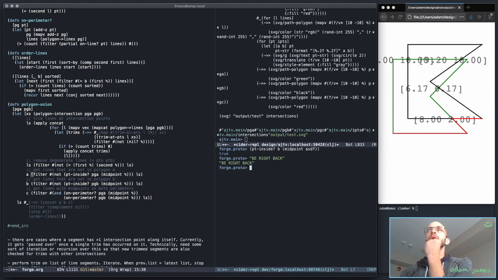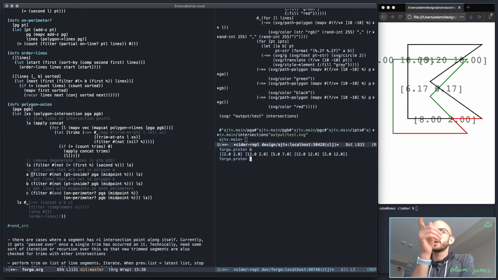Okay. This polygon here. This line 5 to 7, 12 to 12 is this line right here.